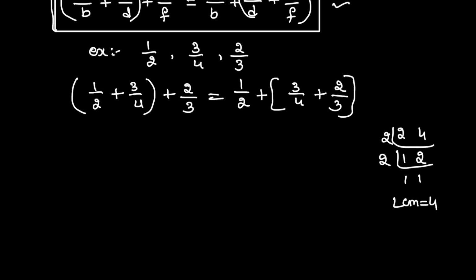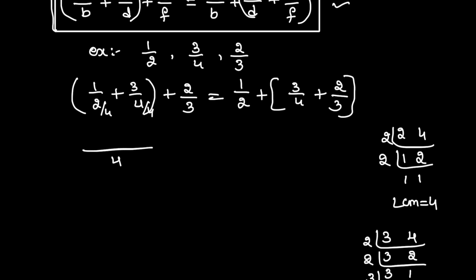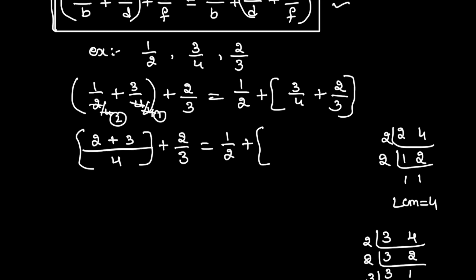And for 4 and 3 also we should take the LCM on the right hand side. 3 ones are 3, 2 twos are 4, 4 threes are 12. The LCM is 12. Divide: 4 ones are 4, 2 into 1 is 2, 1 three is 3. So we get 5/4 plus 2/3.